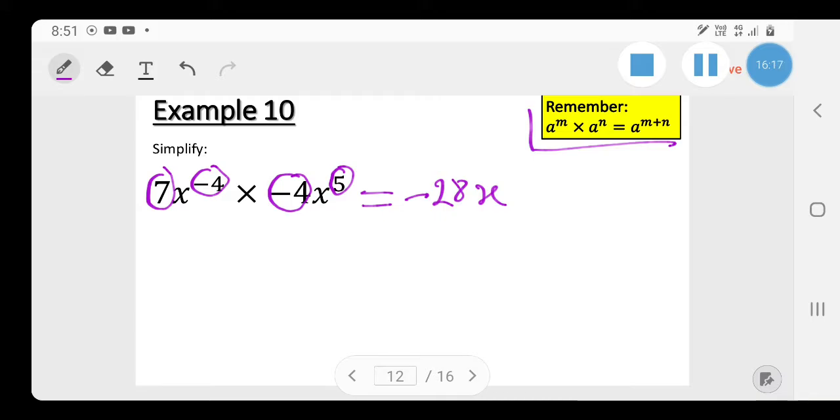So our power is x to the power of 1. But, like I've said, mathematicians are lazy. So if ever anything is something to the power of 1, we don't bother writing it. And whoever reads that solution will automatically know that if there's an x there with no power written on it, it doesn't mean x to the power of 0, it means x to the power of 1. Okay?